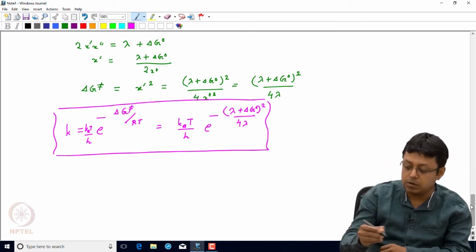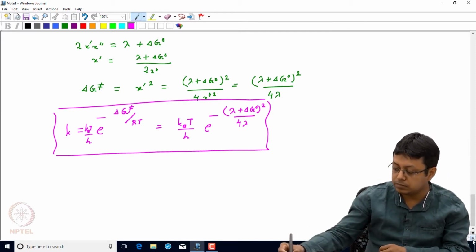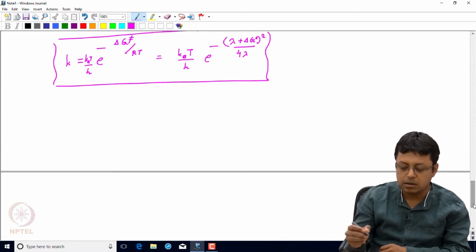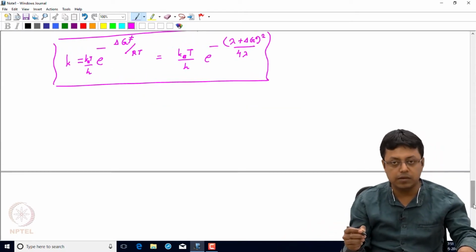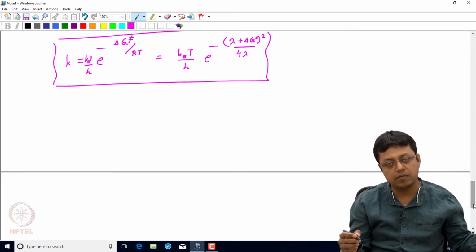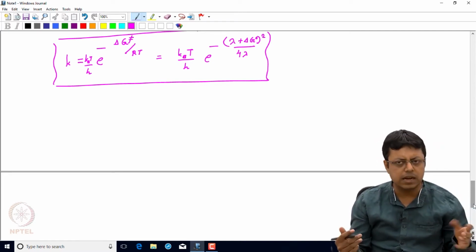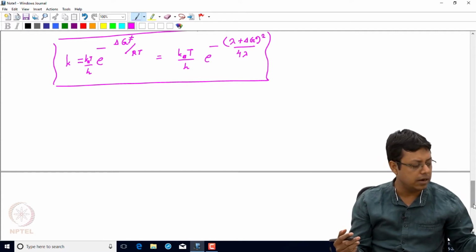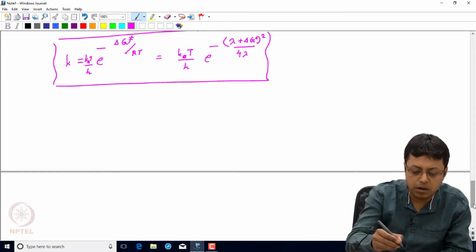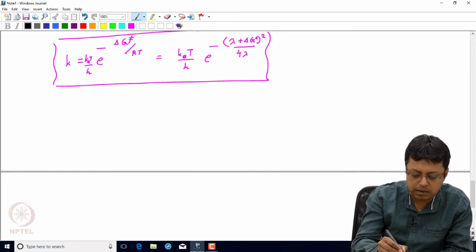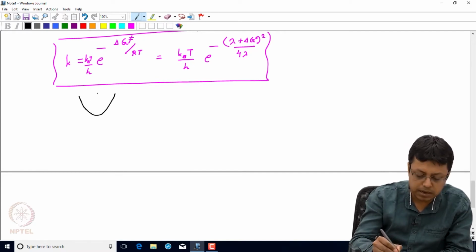Now suppose we consider 4 different scenarios where we will be using this Marcus theory. Now what are these 4 different scenarios? Suppose I have high negative values, or a slightly positive value, for delta G0. Now what do you mean by that? So let us think that the parabolas look something like this.